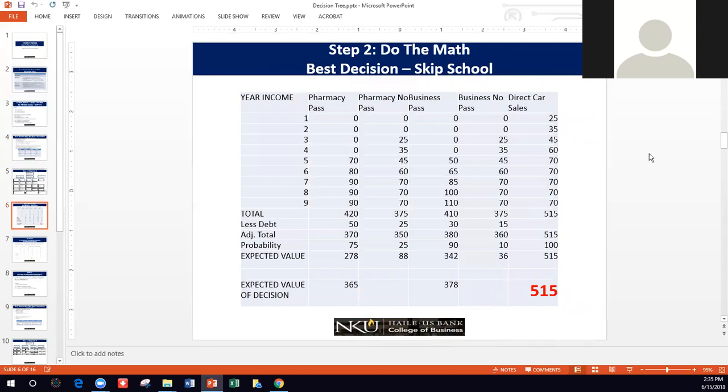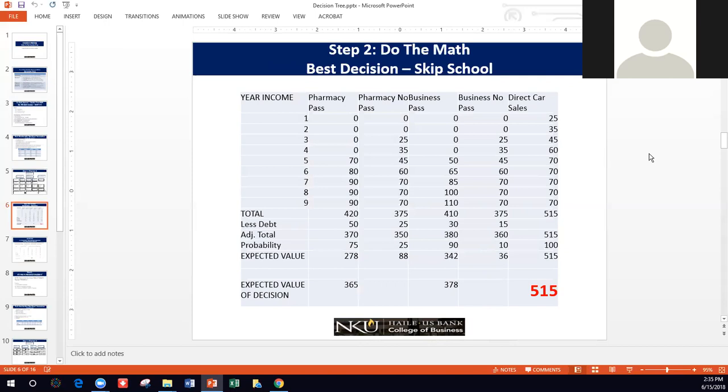In the pharmacy one, I go to school. If I pass, I go 4 years of no income. Then I've got the income of 70, 80, 90, 90, 90, which is a total of 420. I subtract the debt of 50 grand, which is now 370. I multiply it by the probability, and the so-called theoretical expected value is 278. Then I said, but the other options, I might quit after 2 years.